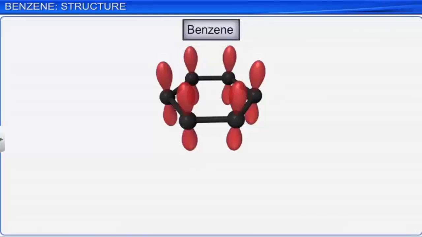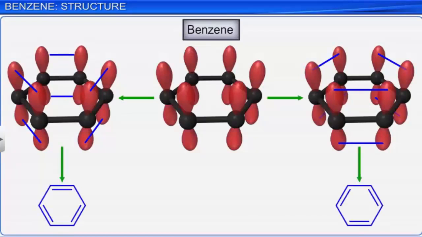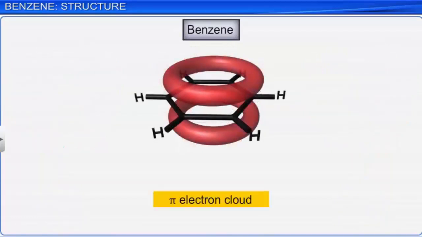These unhybridized 2p orbitals of the carbon atoms overlap each other sideways, as shown here. As there is equal probability of the p orbital of each carbon atom to overlap with adjacent p orbitals of carbon atoms, it results in the formation of two continuous donut-shaped pi electron clouds, one lying above and the other below the plane of the carbon atoms.